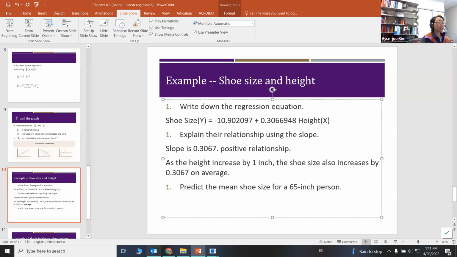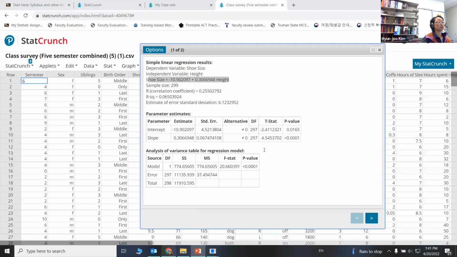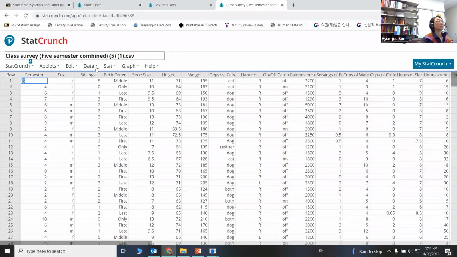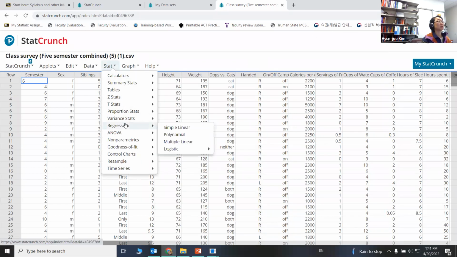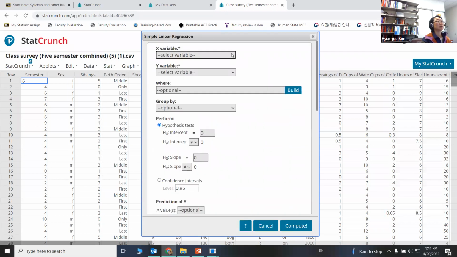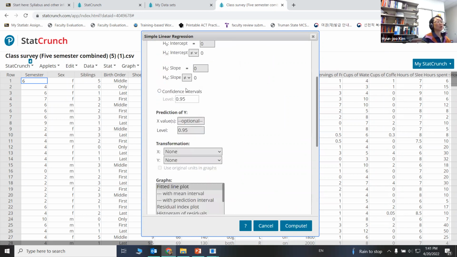You can do that by hand, or I'm going to cheat a little bit here. I'm going to erase that, go back to regression, simple linear regression, and do height and shoe size, your x and y, one more time. Then somewhere in the middle, there is the prediction of y component.